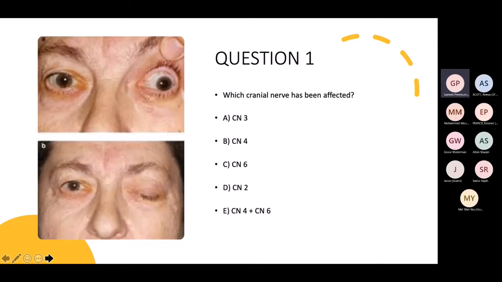All right. So I'm hoping these pictures are nice and clear. So which cranial nerve has been affected? Poll is open now. Thanks, Nia. No worries.